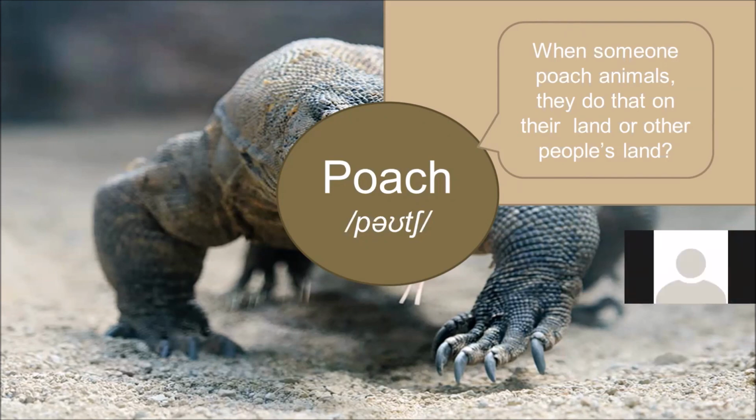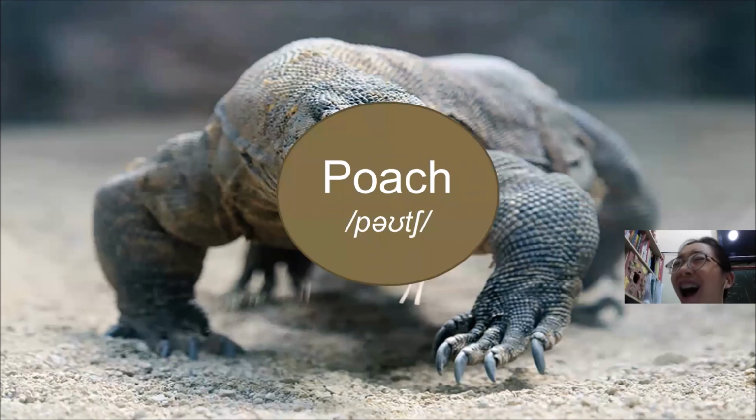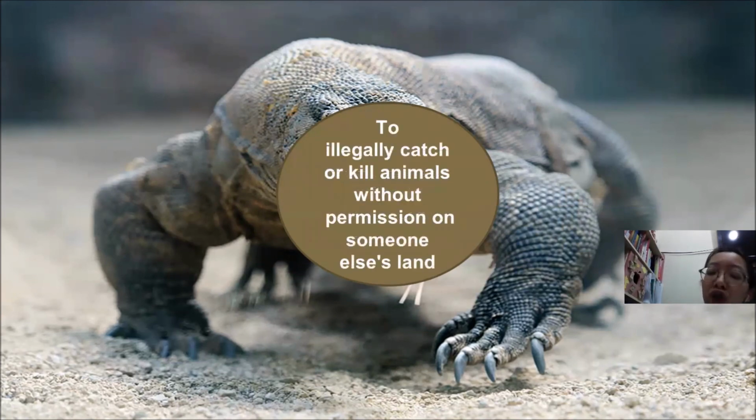Other people's land. Yes, other people's land. Because in Vietnamese, it means tô trộm. So you can't poach on your own land, right? You need to do that on other people's land. So poach in English means to illegally catch or kill animals without permission on someone else's land.